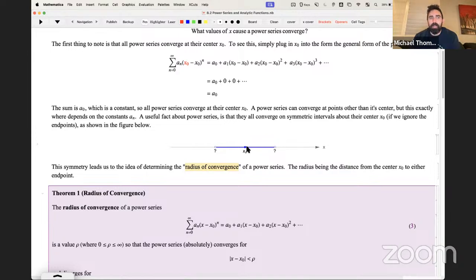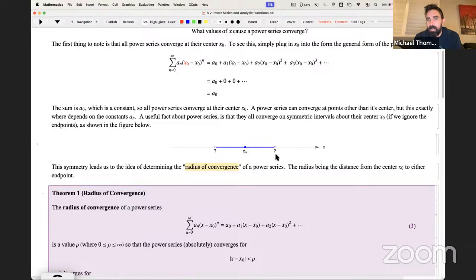So perhaps there's a way that we could find the radius of convergence. If we could find that, then at least we'd figure out how wide the interval is. Of course, we wouldn't know at the endpoints whether they are convergent, but we would know it's convergent inside and divergent outside.